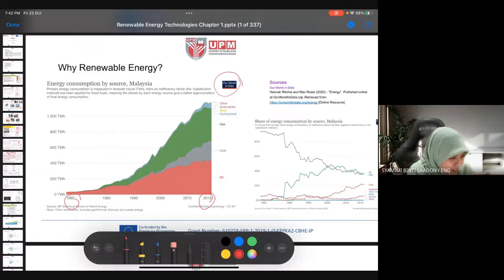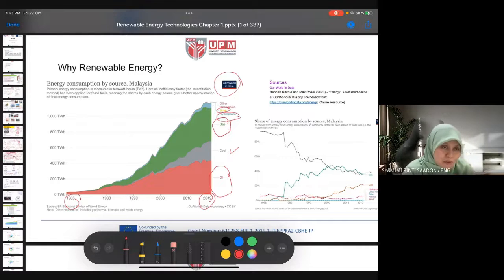So our energy consumption still relies a lot on oil and gas in Malaysia. Coal too. For renewable energy, we now have many government policies and a lot of research on renewable energy, but we are still at a beginner level. There are some renewable energies that are most developed currently in Malaysia, like I mentioned just now, hydropower and solar.